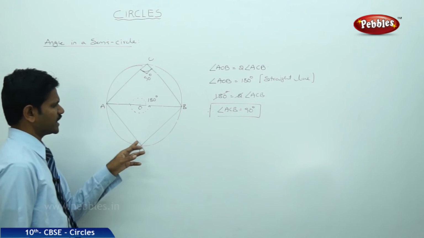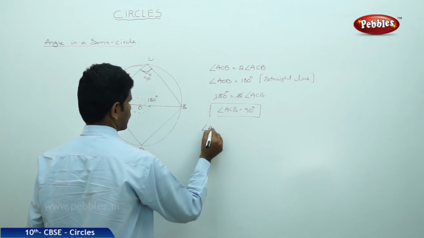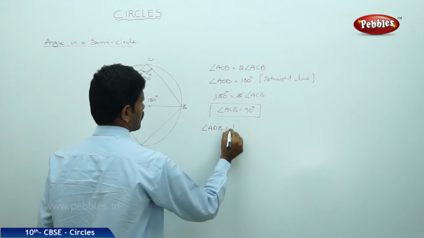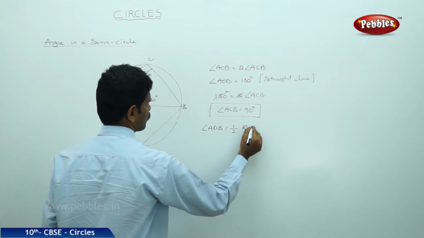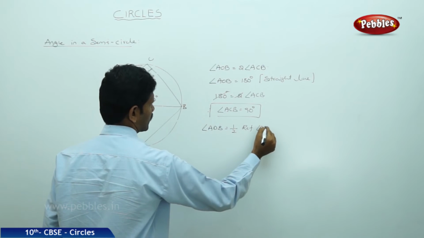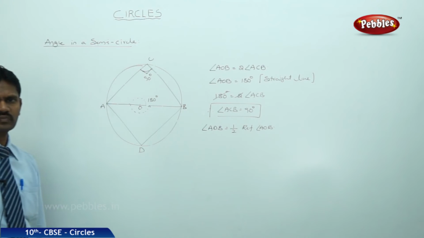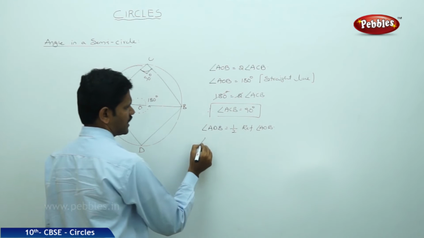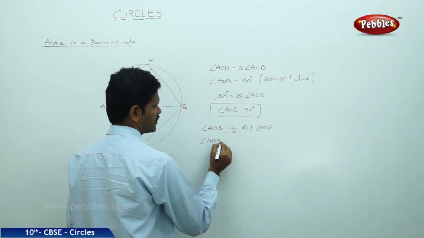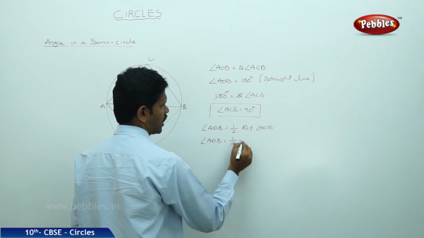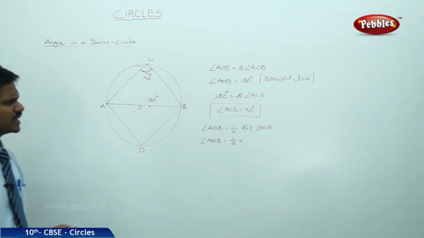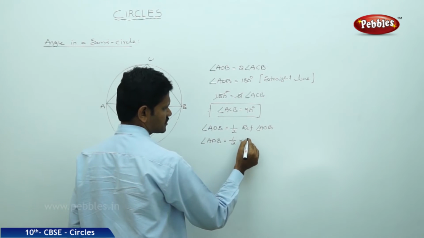That is, to get the angle ADB, take half of reflex angle AOB. That is, angle ADB is equal to half into angle AOB, which is 180 degrees.